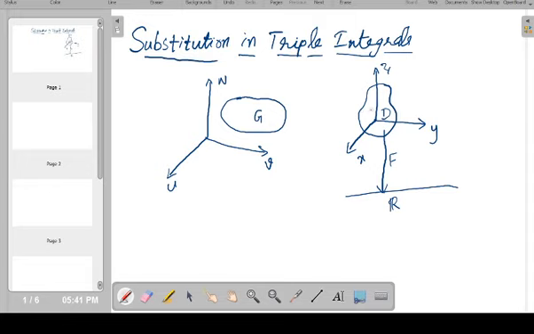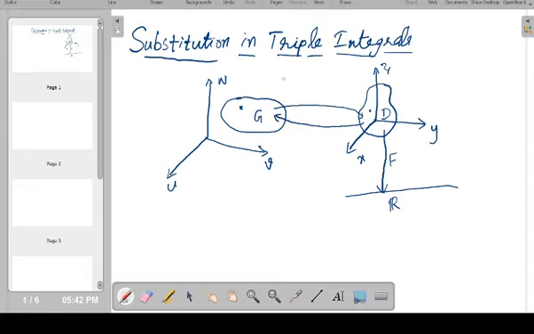That means for each point x, y, z here, I have a corresponding point u, v, w in G. So how do I go from D to G? Similarly, I should be able to go from G to D also, by means of a transformation.